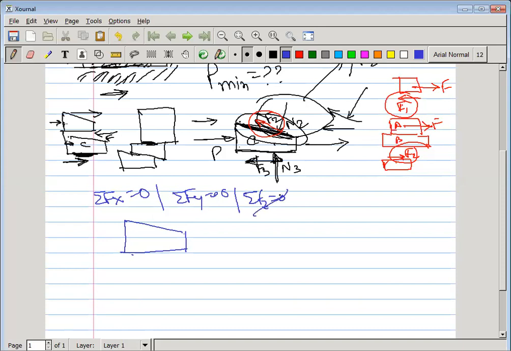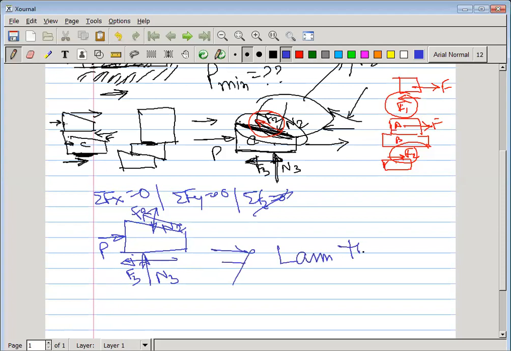As Fz is not there, no need for that. So this is a bit difficult. Here this is your P, this is your normal, this is your F3, and here this is the normal and this is your F2. Either you can solve these five equations, or you can apply Lami's theorem.